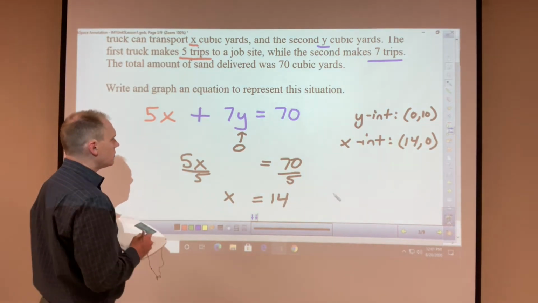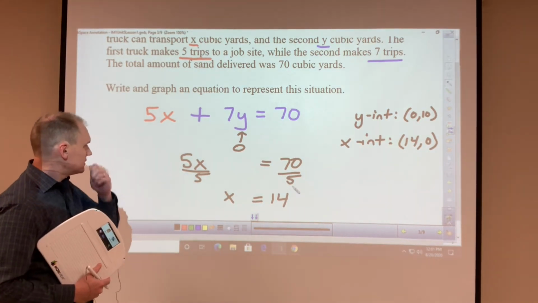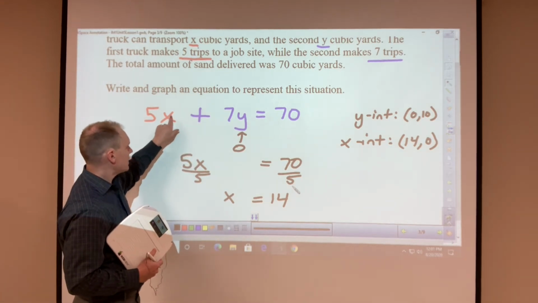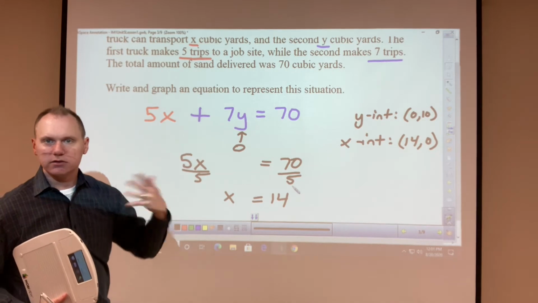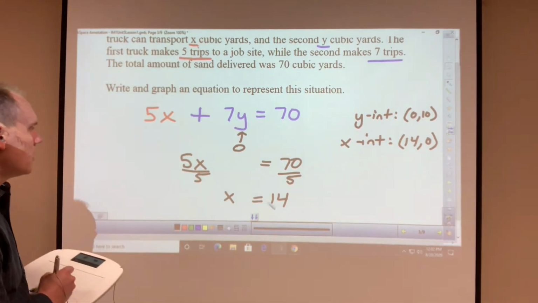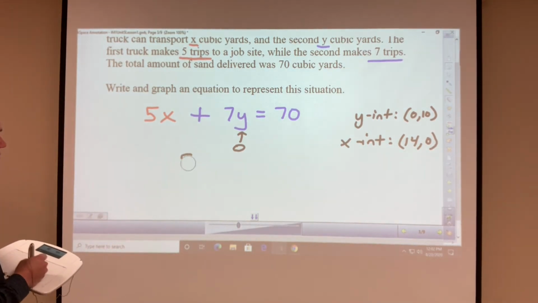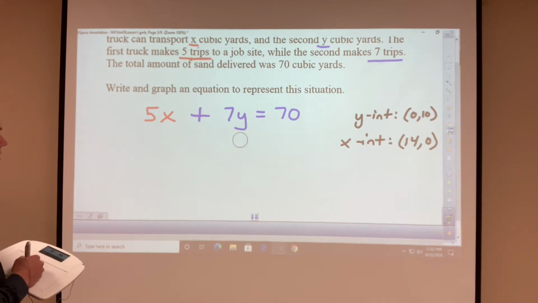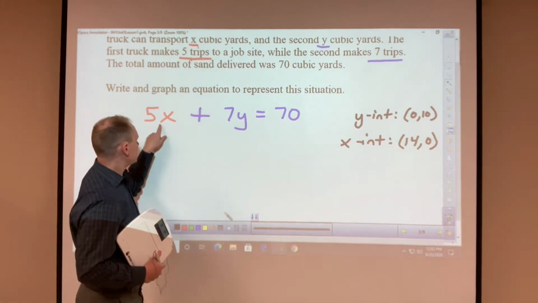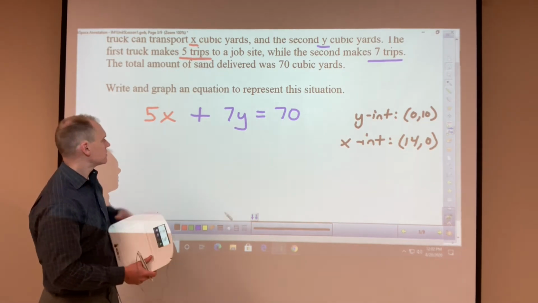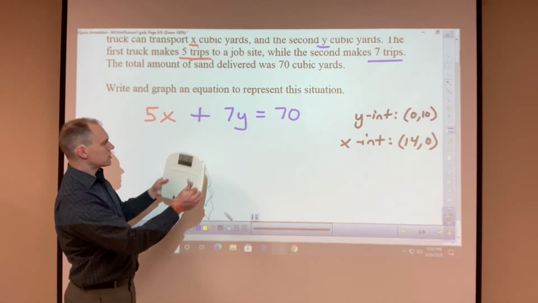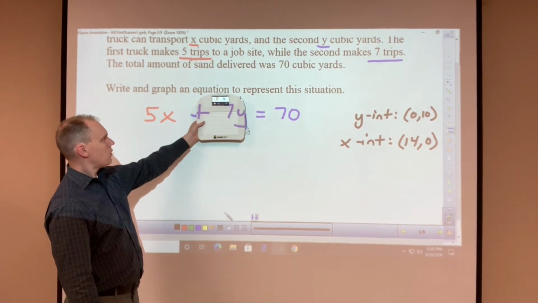All right, so really what happened here is we put in 0 for the x, solve for y, then put 0 in for y, and solve for x. It's kind of the same process both ways here. What some people like to do is what's called the cover-up method. When we put 0 in for either one of these, that whole term goes away, right? So to find the x-intercept, you just cover up the whole y part.